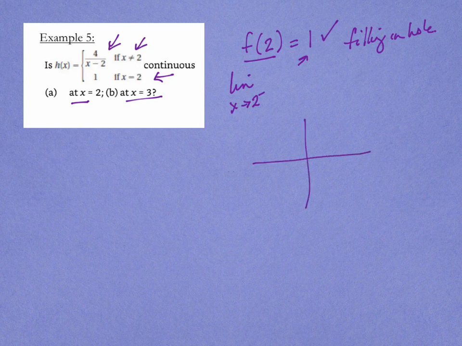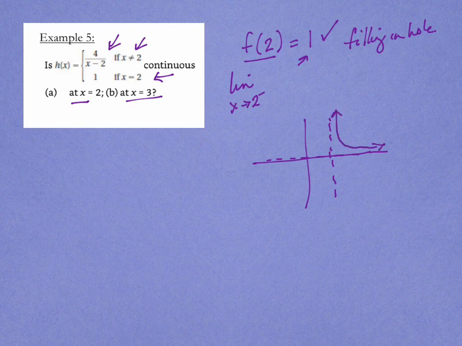If we actually sketch this out, it has a vertical asymptote at 2. So let's make this 2, and it's got y equals 0 as its horizontal asymptote. If we were to graph this out, if we put in like 4, it would be 4 over 2, so it would be positive. So this part would be up here.